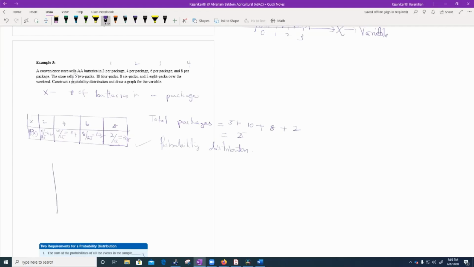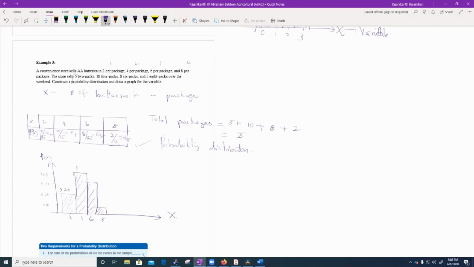So then you could draw a graph now. My x is the number of batteries per package, and this is the corresponding probabilities. If you draw a graph for the probability distribution, it will look like this, and this is the value we are getting: 0.20, the first one.